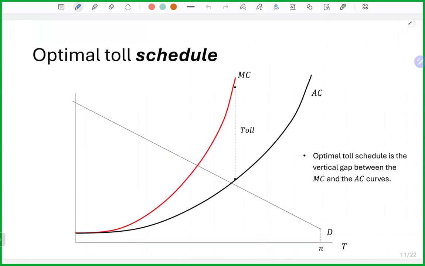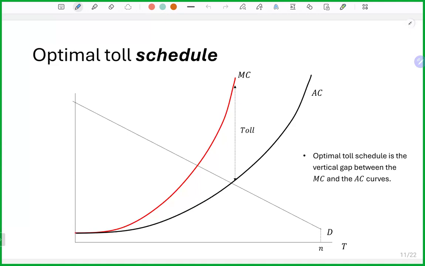So what is the toll? Let's use the notation tau. I said that it is a function of t. What do you mean by that? It's a function of t in the sense that there's a function of a function. This is the total function, and this is basically MC minus AC, which is t g prime t.